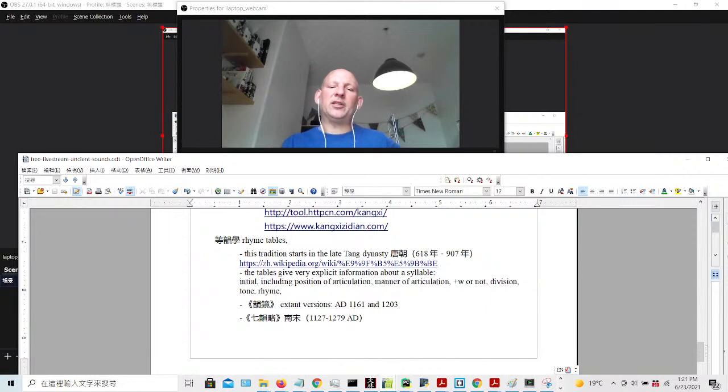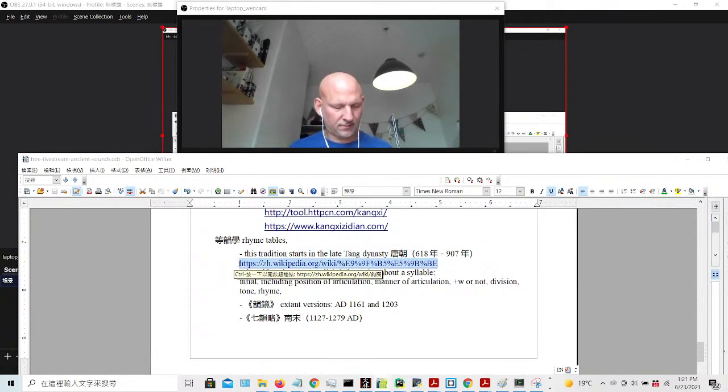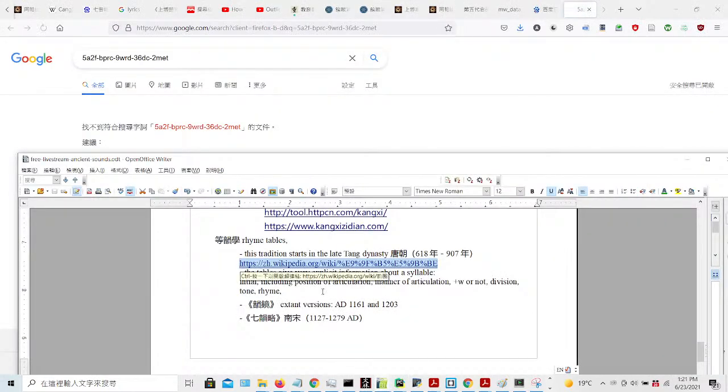And these tables give extremely explicit information. In fact, I have a link here. Let me see if I can show you one of these tables. Oh, no, it didn't do it.